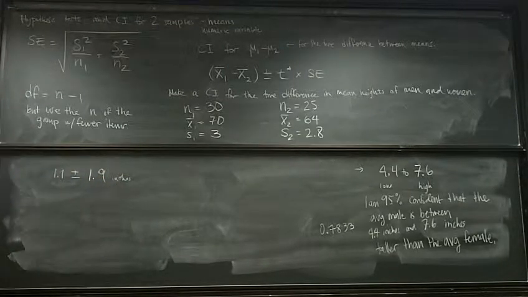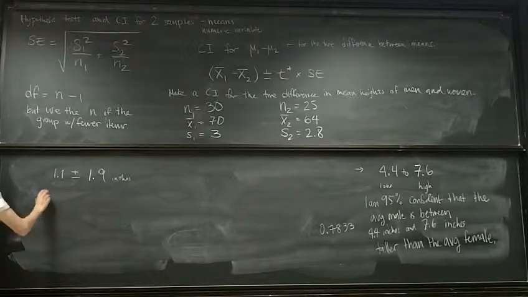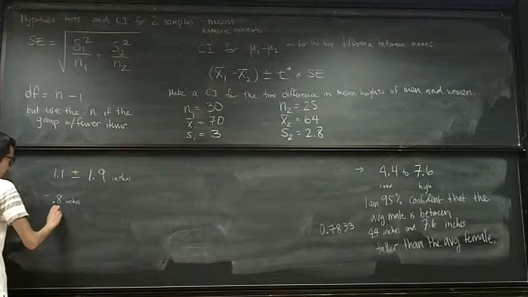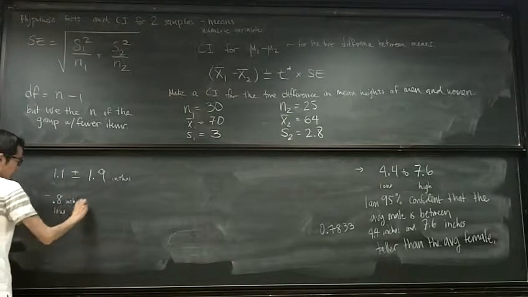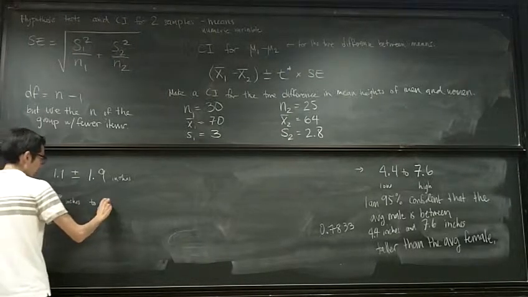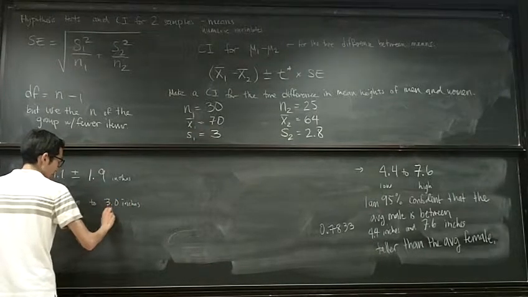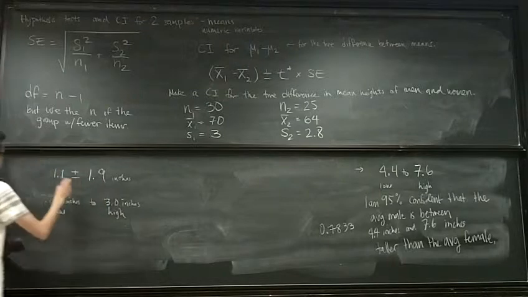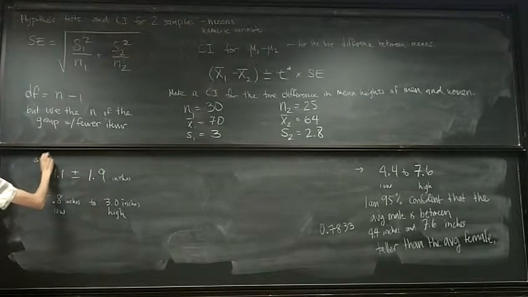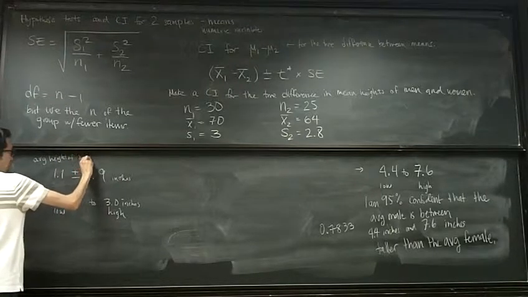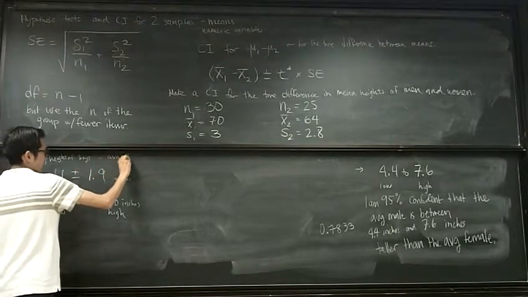So if I do the minus, I get negative 0.8 inches on the low end to basically 3.0 inches on the high end. And this was average height of boys minus average height of girls.